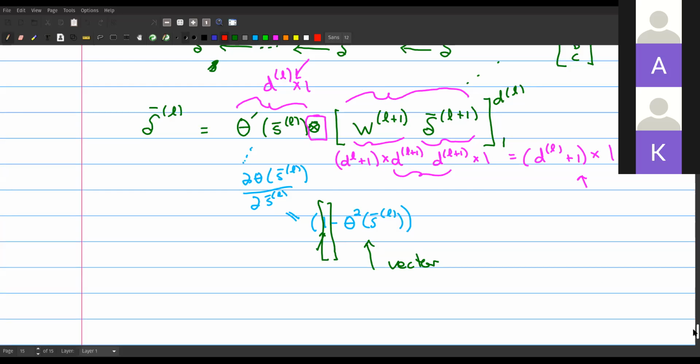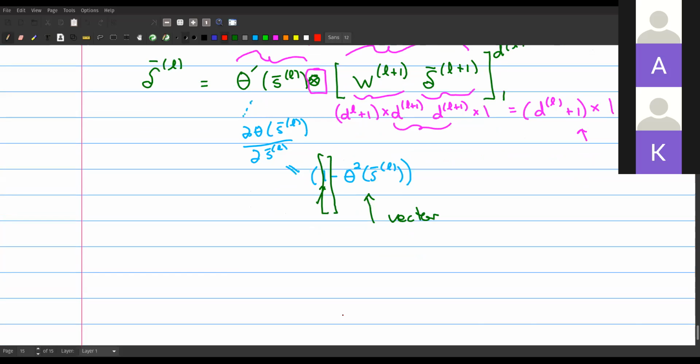So let's try to write, we're not going to derive it, but let's write down something that will help us make sense of it. This is sort of the slope of the activation function.